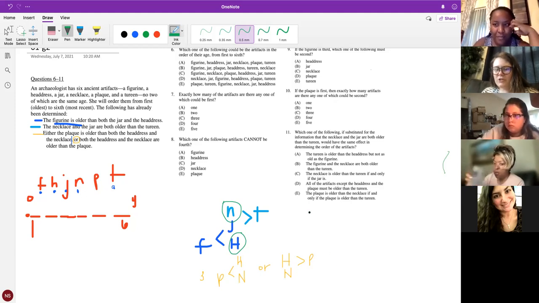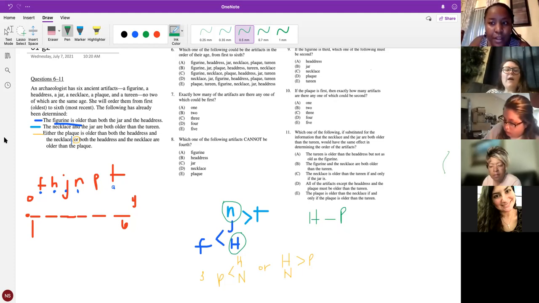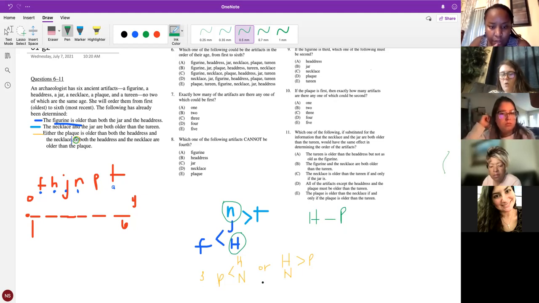If I do H before P, is that how you do it? Usually I would do the way you're writing it, but just how they flip. Oh, okay, because we have an or here, right? So we're saying that P is either before H and N, or H and N are both before P.